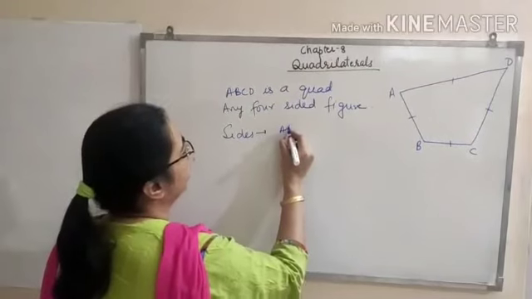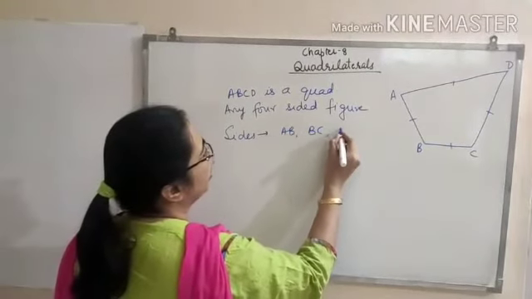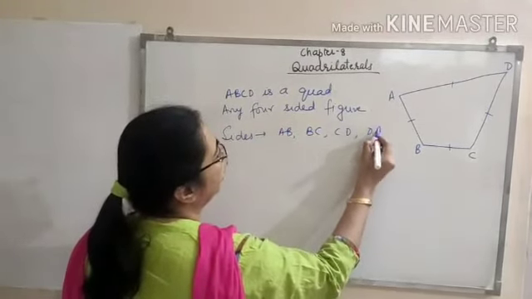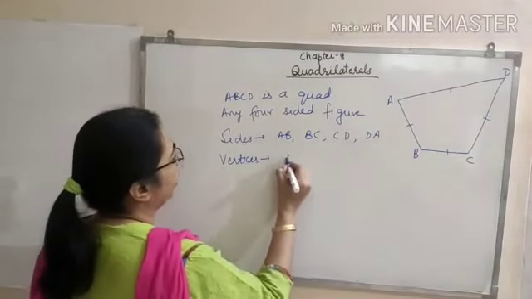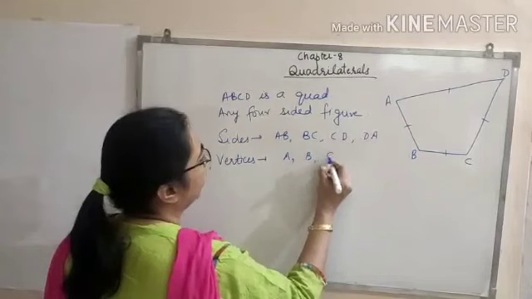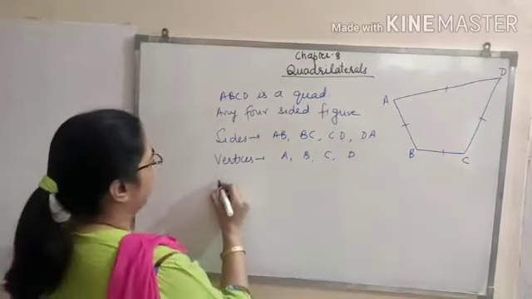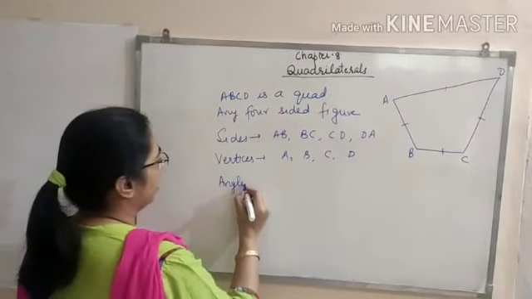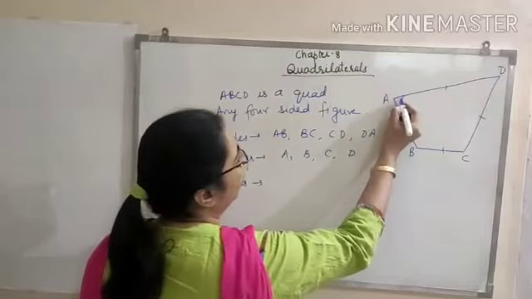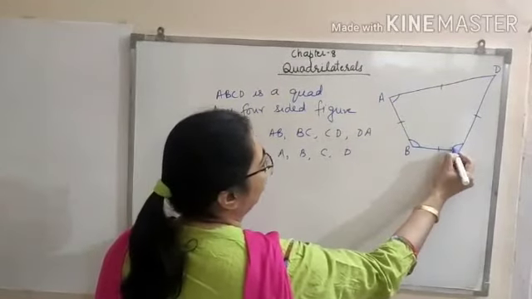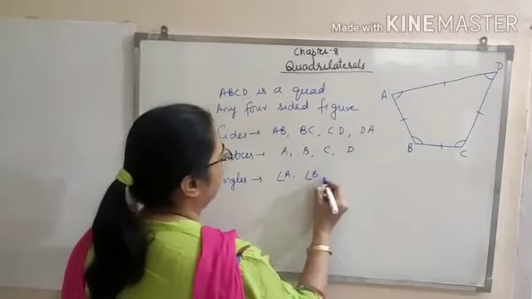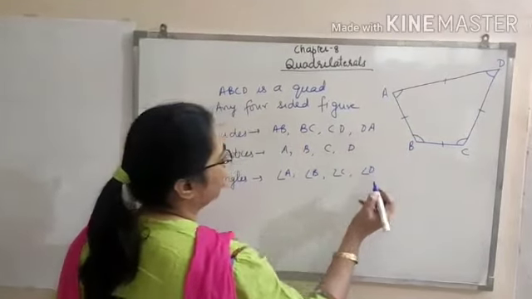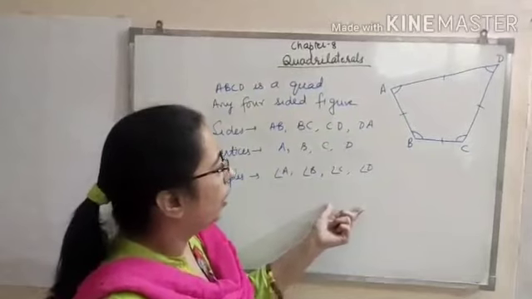These are the sides: AB, BC, CD and DA. Now if I ask you the vertices, you know it very well. The 4 vertices are A, B, C and D. And which are the angles here? Here these are 4 angles: angle A, angle B, angle C and angle D. These are very basic things which you all know about this.